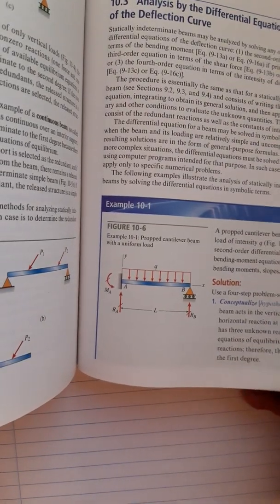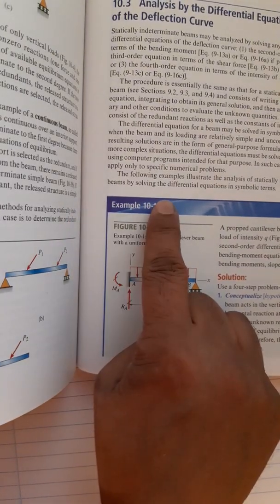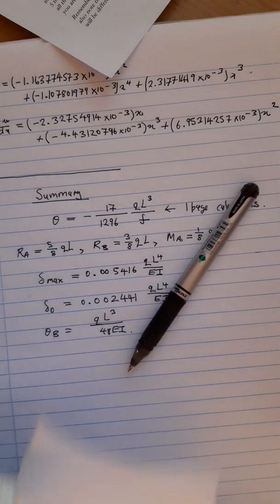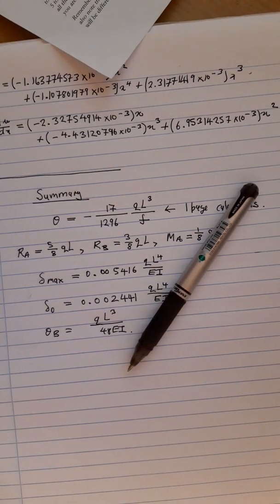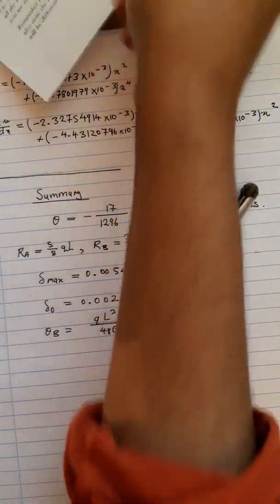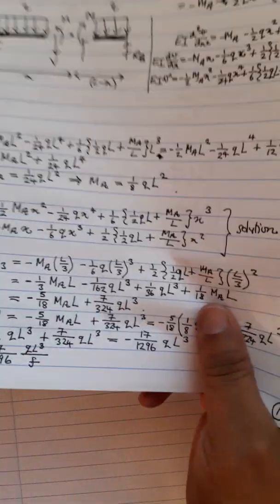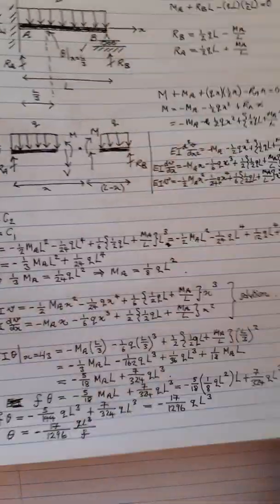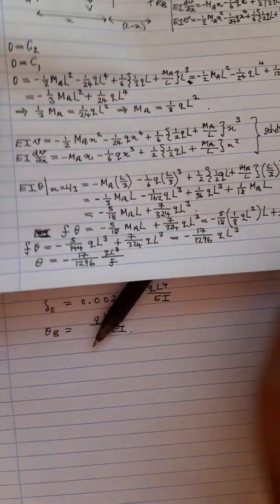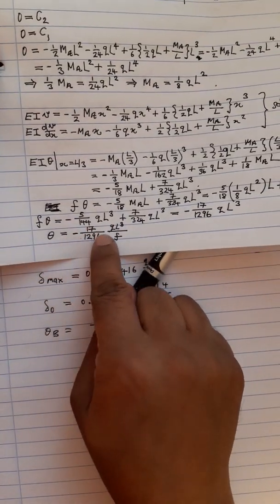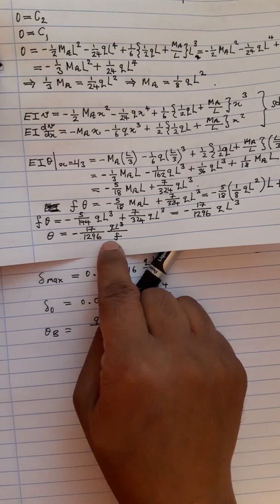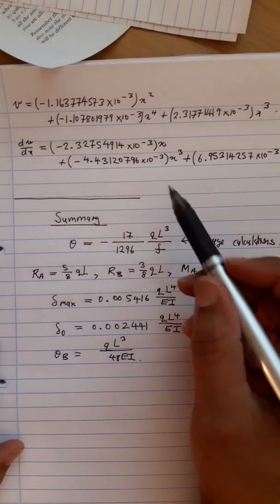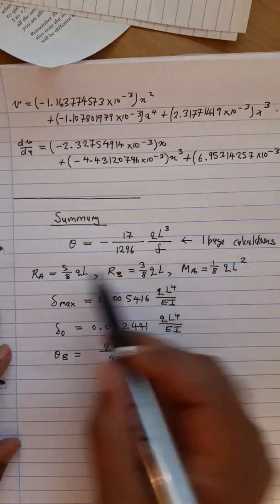All you had to do was look at example 10.1. That's it. Example 10.1. After you had looked at example 10.1, just follow the equations, use the statical redundant, and get to the value theta is equal to minus 17 over 1296 QL cubed over EI. And that will give you the value of theta.